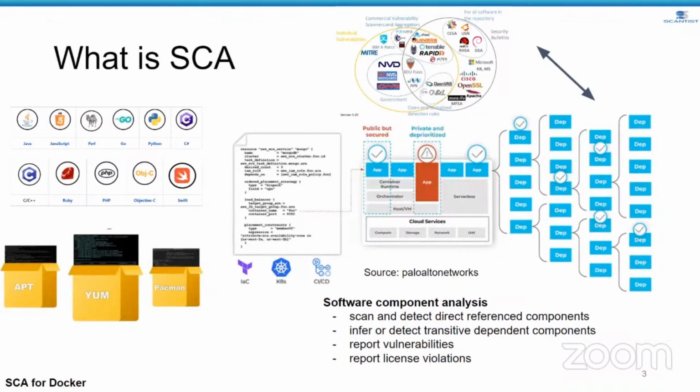If it's critical, you probably need to get rid of it at an early stage. SCA also needs to support a wide range of languages and packages, for example all of these common languages and all these OS-level packages.